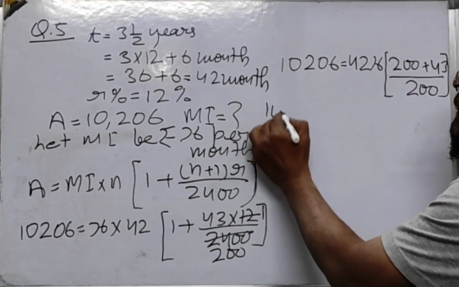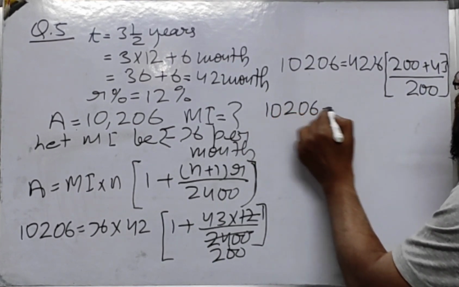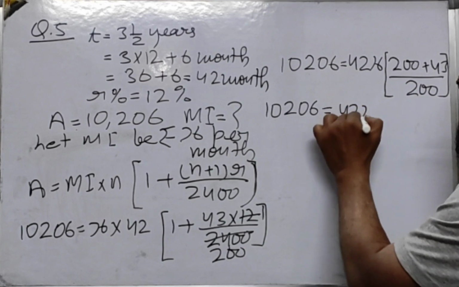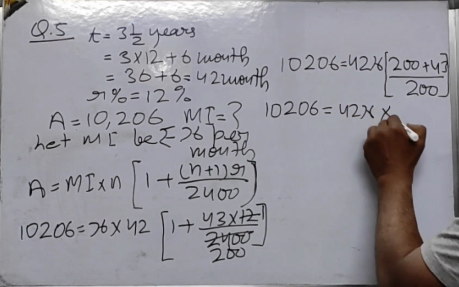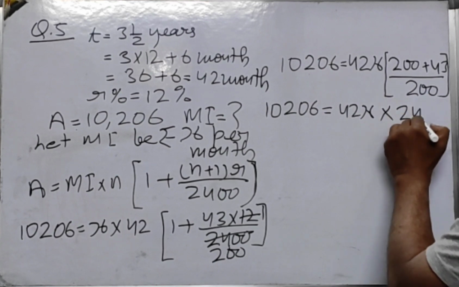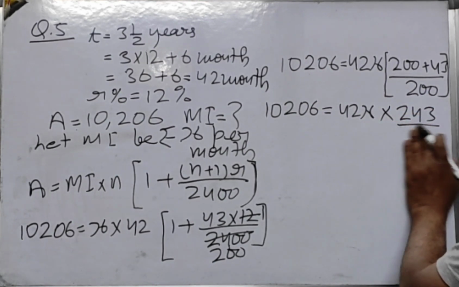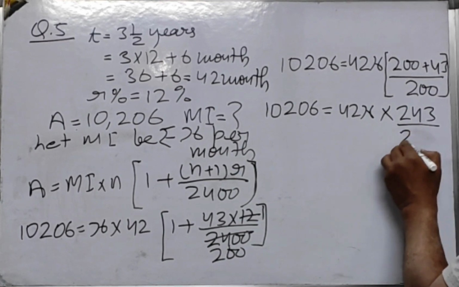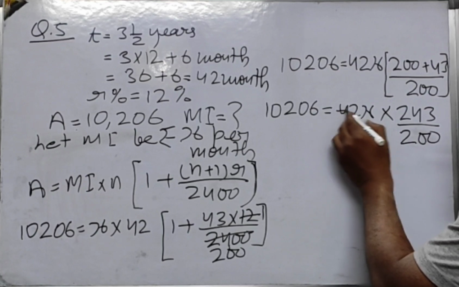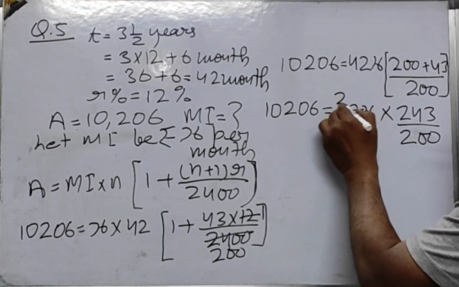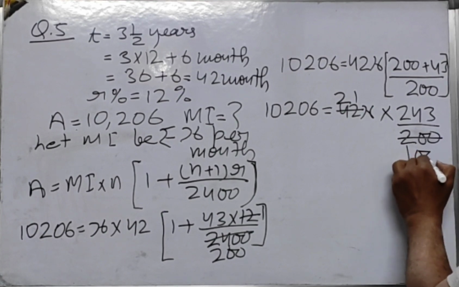So you get 10,206 is equal to 42x into 243 upon 200. This is divided by 2, you get 21, and this is 100.